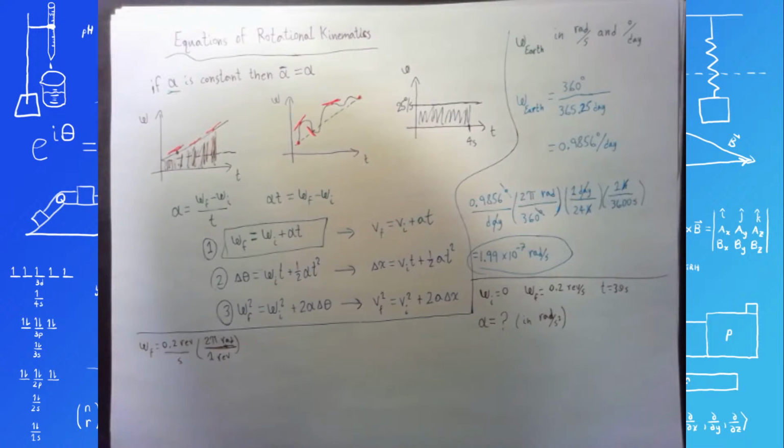Your conversion units between radians, revolutions, and degrees. You should be able to convert between any of those three into any one of the others. You should know how to go from radians to revolutions and vice versa. You should know how to go from radians to degrees and vice versa. And you should know how to go from revolutions to degrees and vice versa.